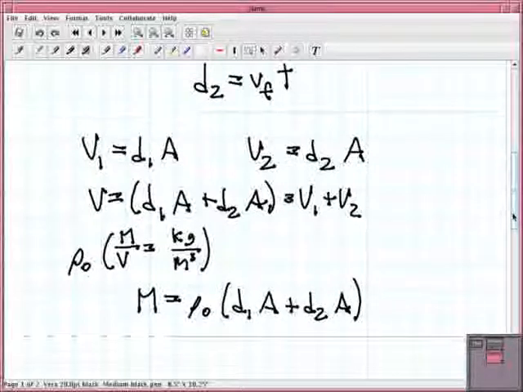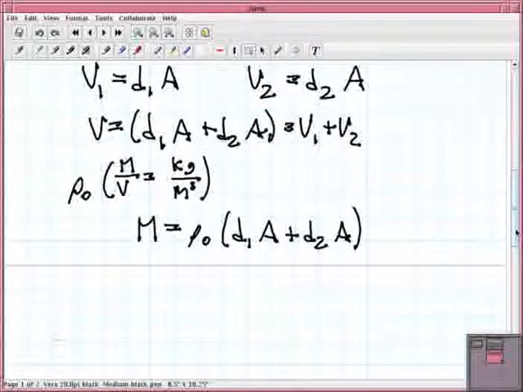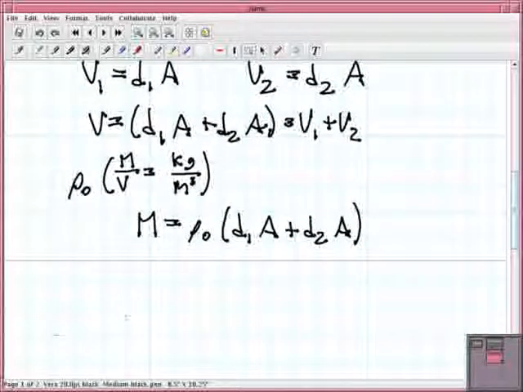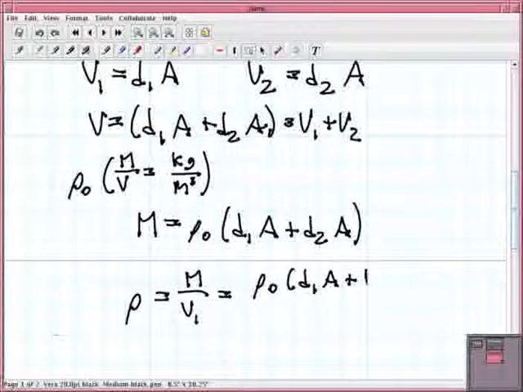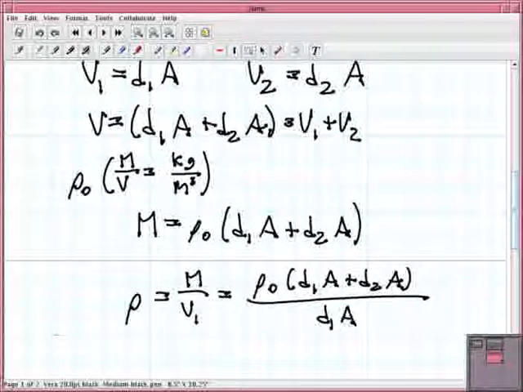And this mass of water is going to be compressed into region 1. So we end up with a final density rho equal to the mass over the new volume, which is rho 0 times this expression over the volume, which is D1A.